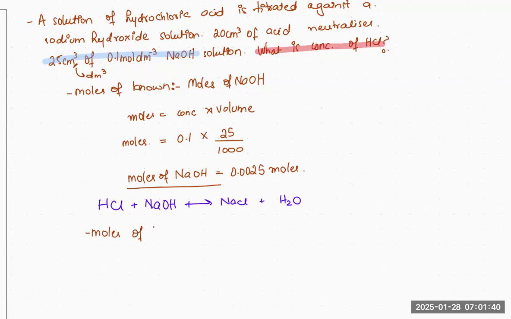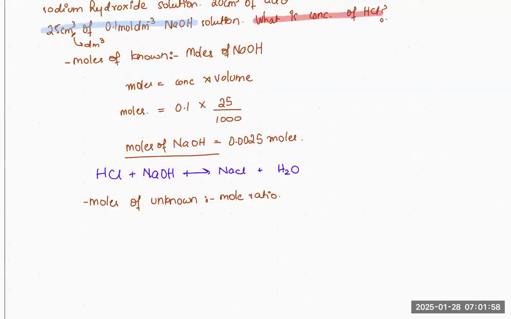Now, how do we find the moles of unknown, Shreya? We always use mole ratio. How do we use mole ratio? Moles of known divided by moles of unknown. You just have to divide the two moles.